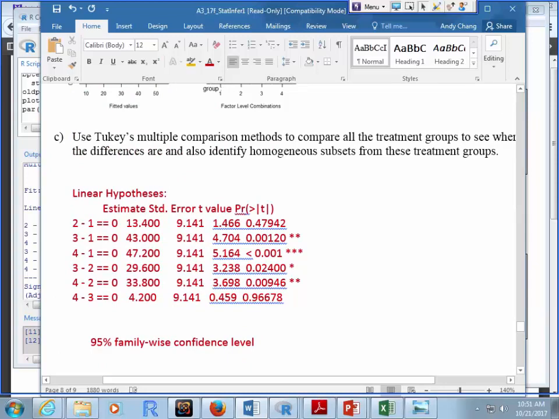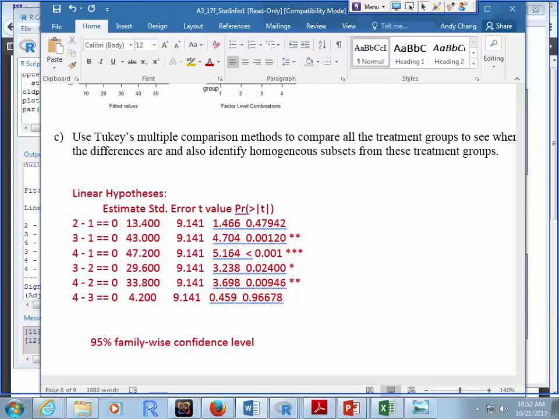In my lecture, I also mentioned the so-called family-wise type 1 error. When we do the test, if you really try to compare these 6 pairs, every time you do the test at the 5% level of significance, you're using too many, and your chance of committing type 1 error will be increased.